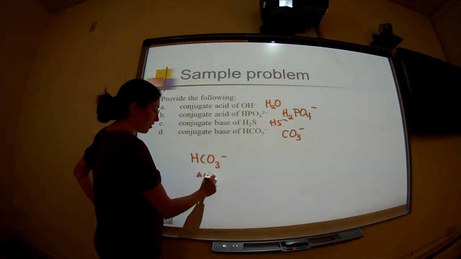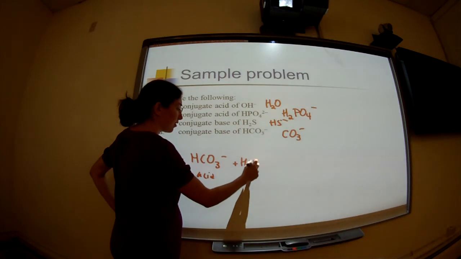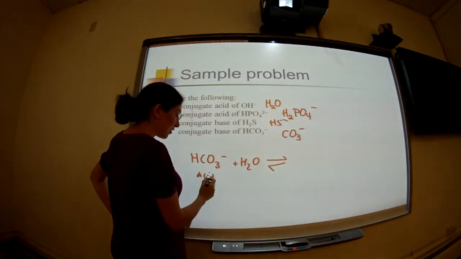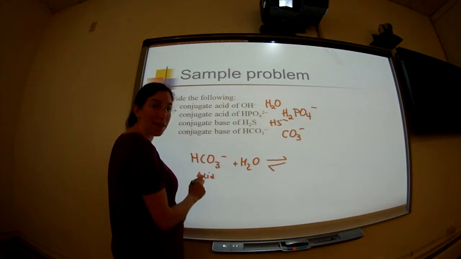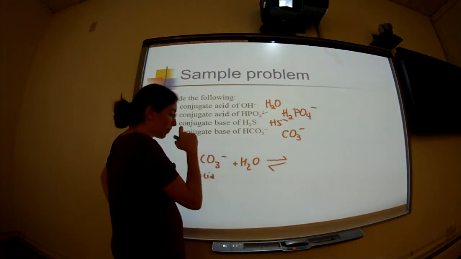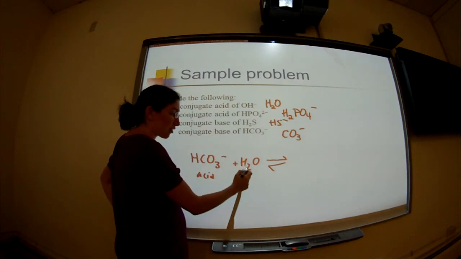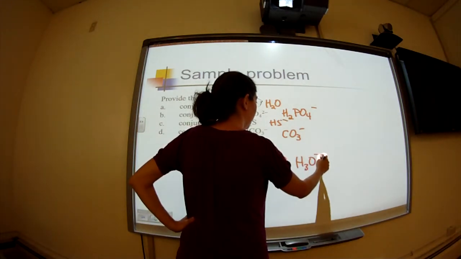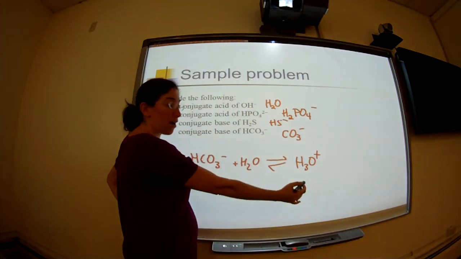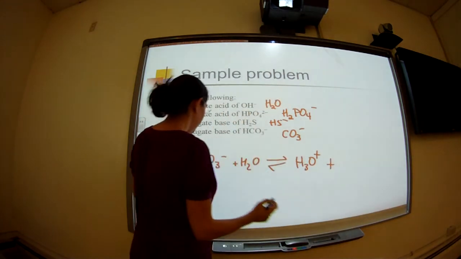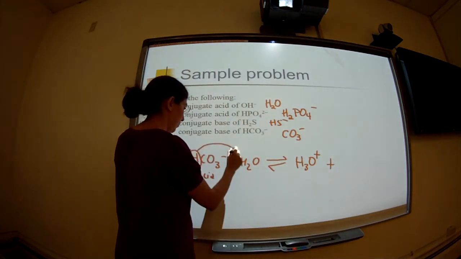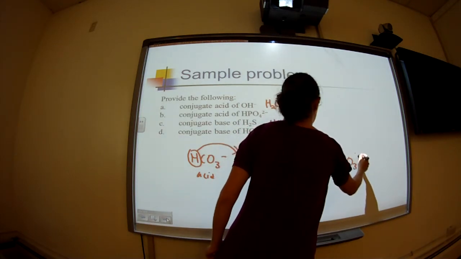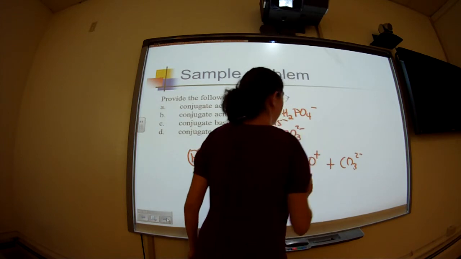If we react it with water, water in this reaction is acting as a base, so it's going to become H3O+. It's going to accept a proton from this molecule. So then our conjugate base here, I should say there's 2 minus there.